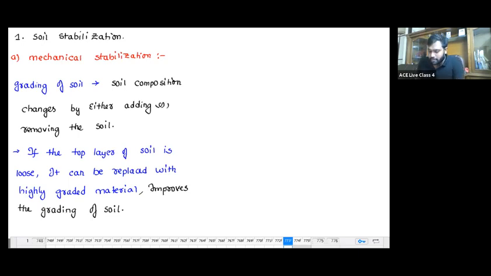So first is the soil composition changes by either adding or removing the soil.